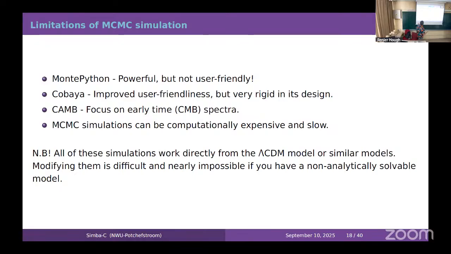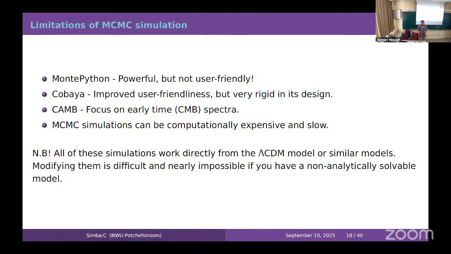And most of the stuff focuses on CMB. They do have other stuff, but it's mostly related to CMB. And we already saw we need a lot of data sets working combined. Furthermore, these are slow and computationally expensive for such a straightforward algorithm.